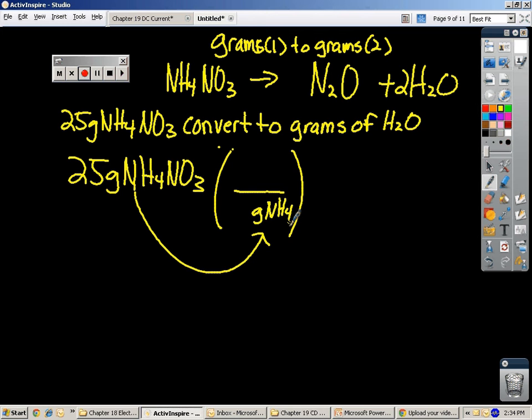Anytime you have grams and you don't know what to put in there, the very first thing you should think of is the molar mass. In your molar mass, all you need to do is add up all the atoms in the molecule.